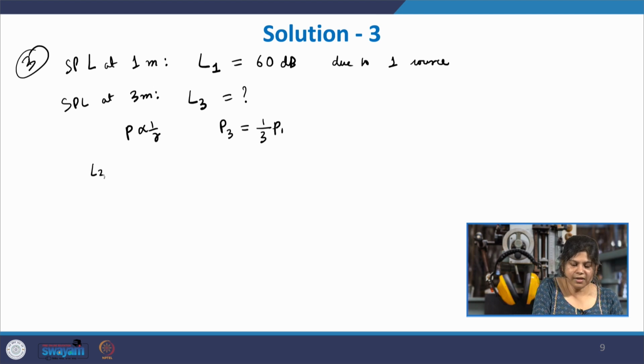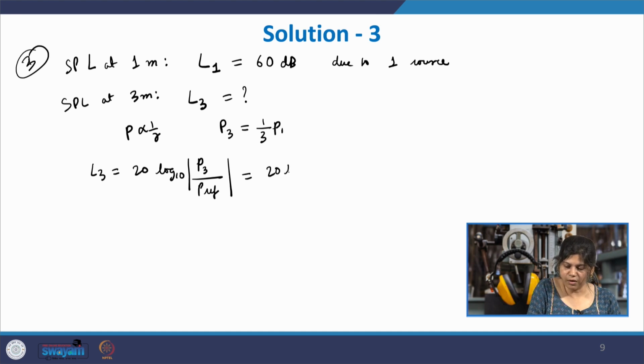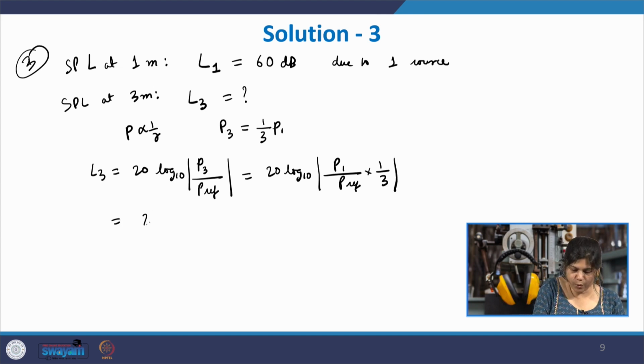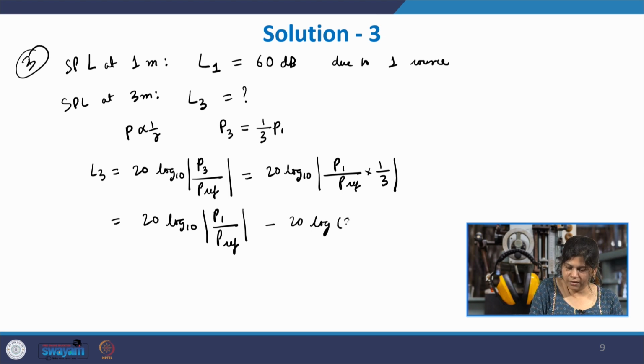and L3 by definition is 20 log 10 of the RMS pressure at 3 meters by P reference, which we can write as 20 log 10 P1 by P reference into 1 by 3. So, this again becomes 20 log 10 P1 by P reference minus 20 log 3.